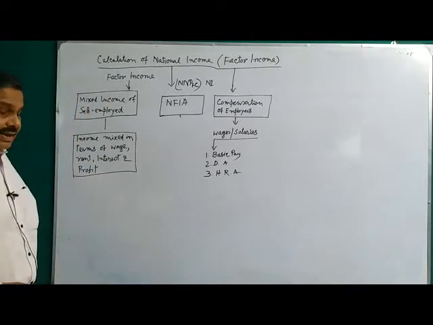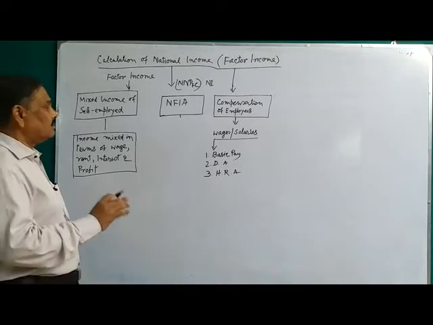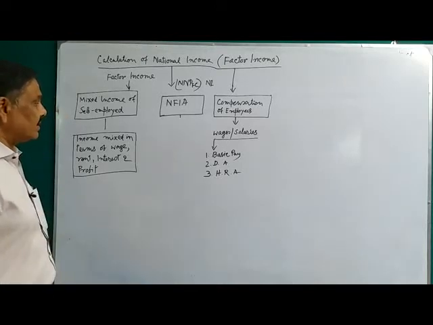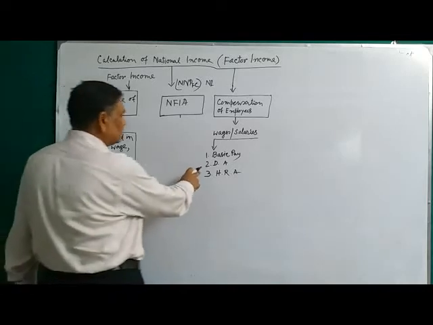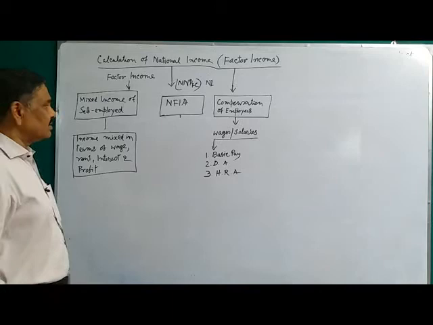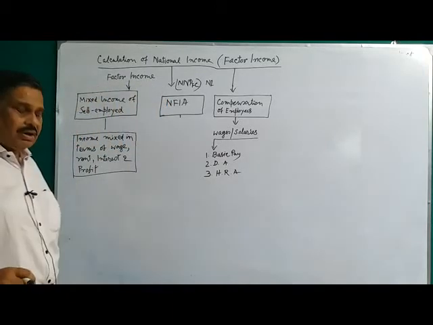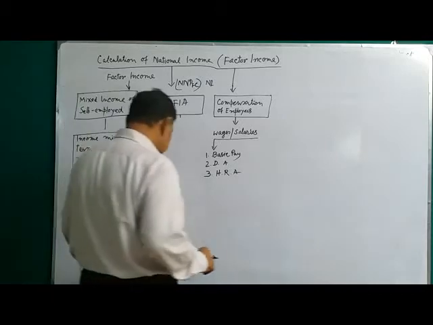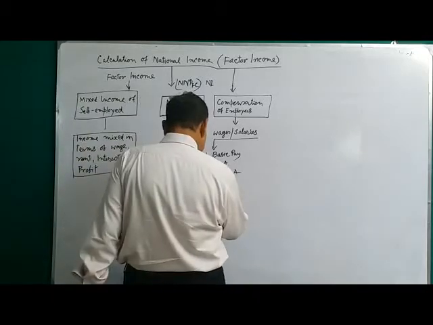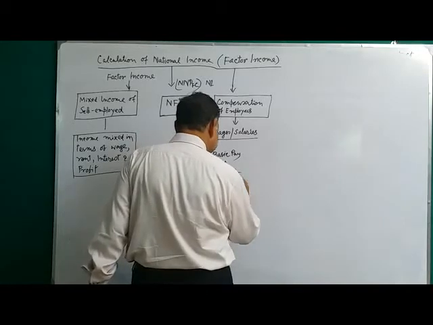House rent allowance is also included in the salaries. If any employee lives in a government quarter or the company's quarter, he cannot get it; HRA will be deducted from his salary. So HRA is included in the compensation of employees, that is, salaries or wages. Now 4 is OT, overtime allowance.